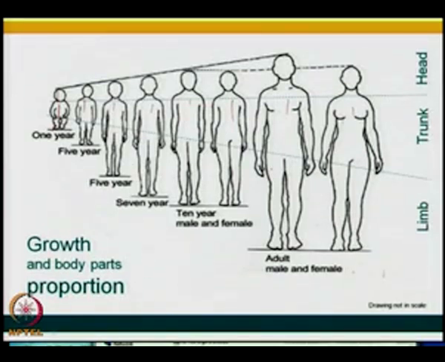And it is specifically seen that till the age of 10th year, the male and female, this is a male body and this is the female body, not much difference is seen, and after that due to puberty and so on, the body figure changes.